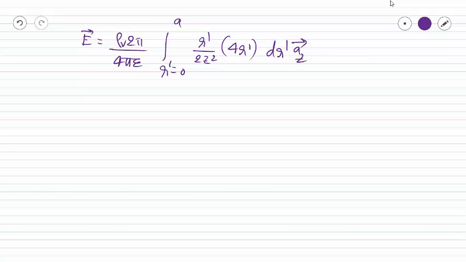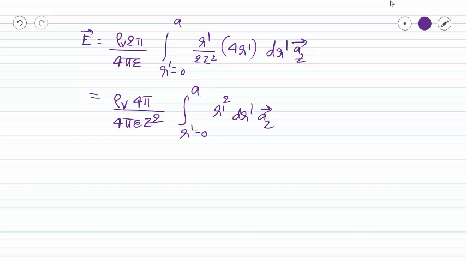So this is the expression we got. As z square doesn't depend upon integration, and I am having 4 here, so these 2 will cancel. So rho v 4 pi by 4 pi epsilon z square, integral r' equal to 0 to a, r' square dr' is z bar. So that is what we are having.